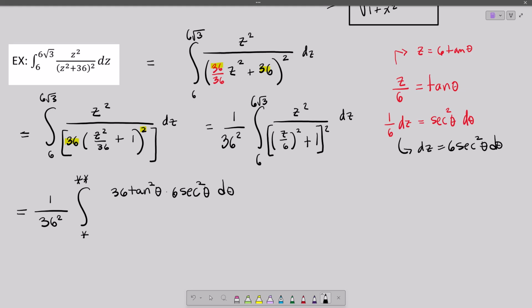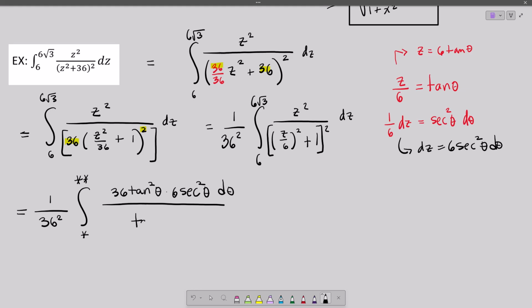One thing that hopefully is becoming obvious is that if you are sloppy and you're not writing your dx's or dz's or dt's, that's a problem because they have to be substituted. You must have your differentials. All right, down below, tan squared plus 1.